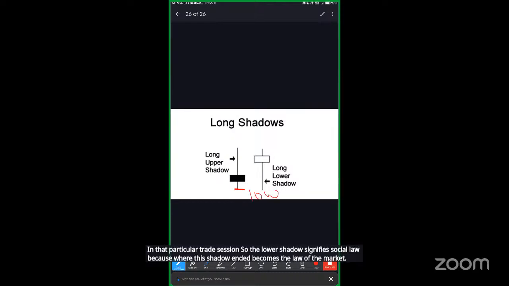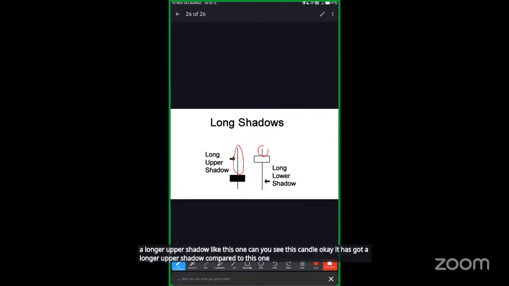Right. Now, let's go a little bit deeper and find out what these shadows signify. Is there any other information that they deliver to us? If a candle has a longer upper shadow like this one, can you see this candle? It has got a longer upper shadow compared to this one.